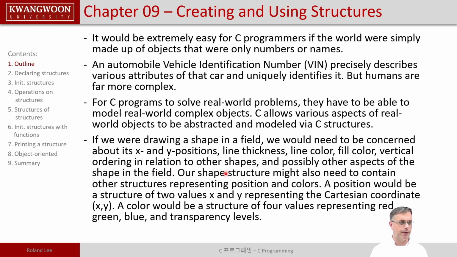A shape structure might also need to contain other structures representing position and colors. A position would be a structure of the two values of X and Y coordinates, so representing the Cartesian coordinate system, right? A color would be a structure of four values representing red, green, blue, and transparency level.